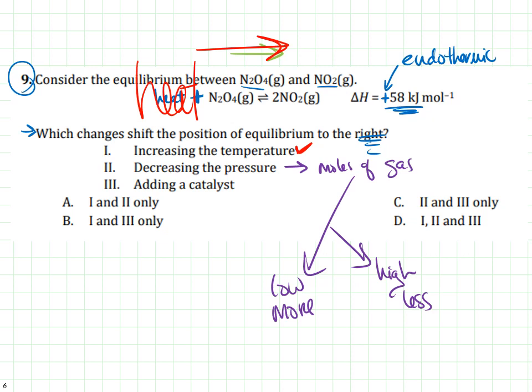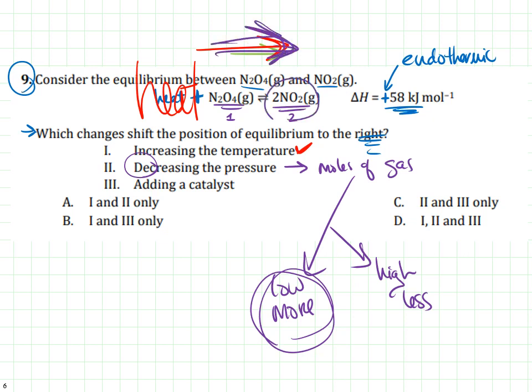So if I decrease the pressure, we're going to favor the side that has more moles of gas. On the reactant side, I have 1 mole of gas. On the product side, I have 2. So I'm going to favor the more. We're going to shift right since I have more moles of gas on the right than on the left. So yes.